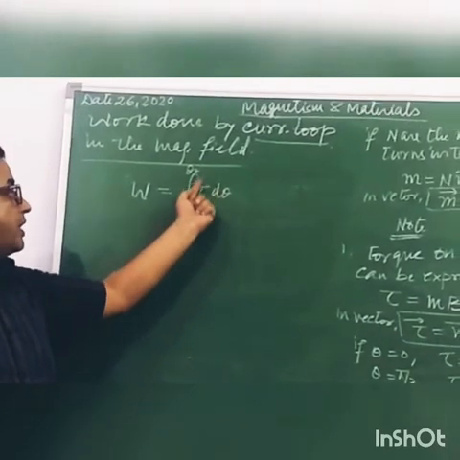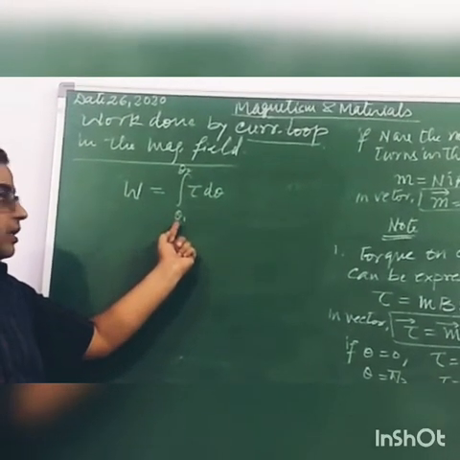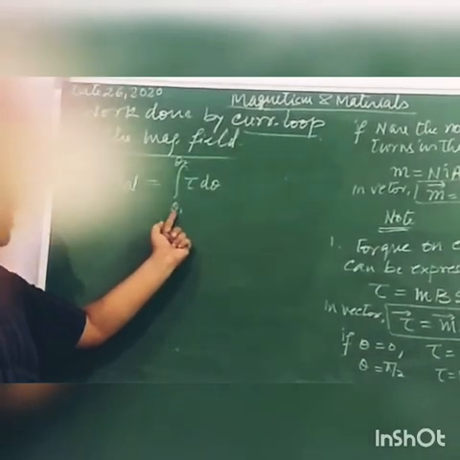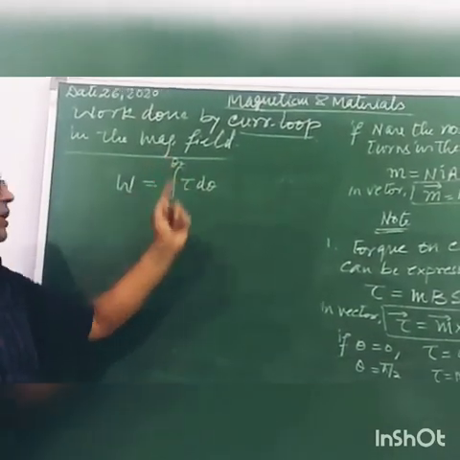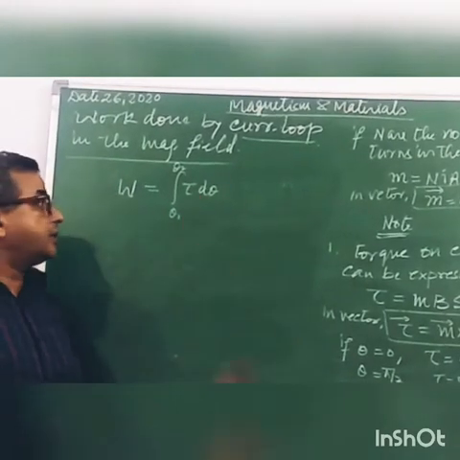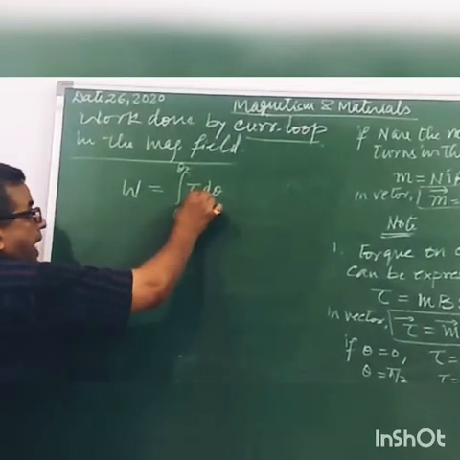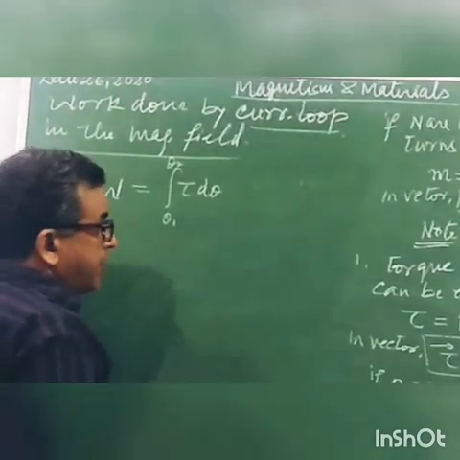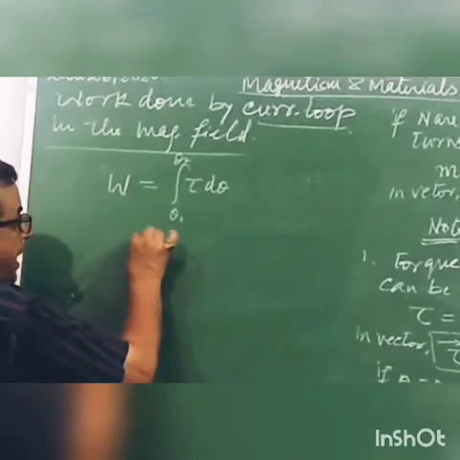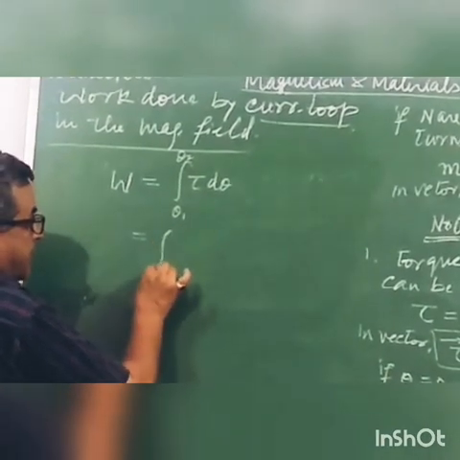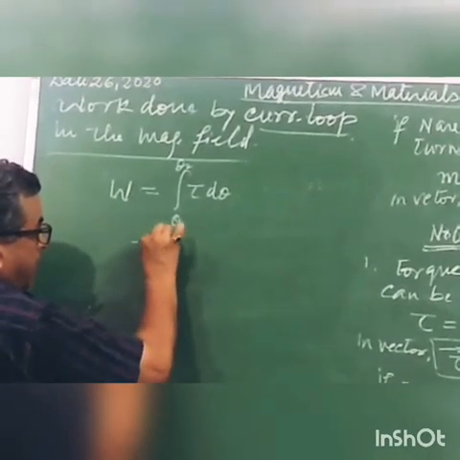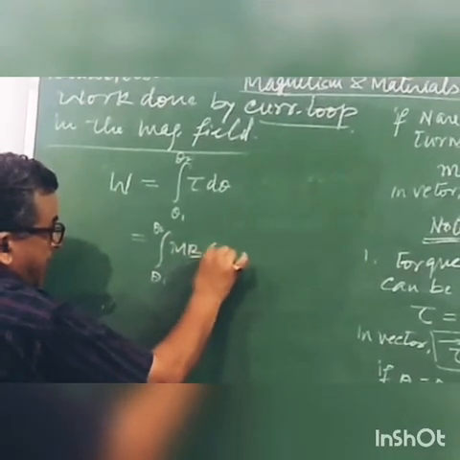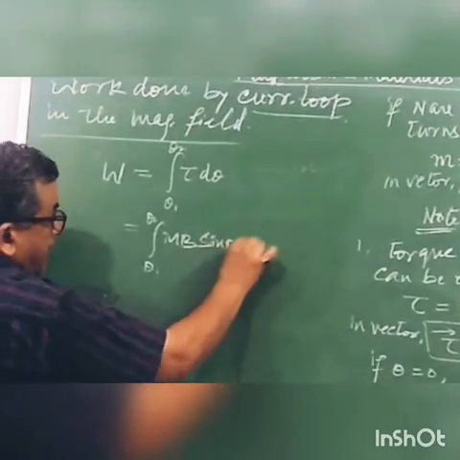The total work done in rotating the coil from angle theta 1 to theta 2 is the total work done. As we know, tau is MB sin theta. So we can write, from theta 1 to theta 2, integral of MB sin theta d theta.